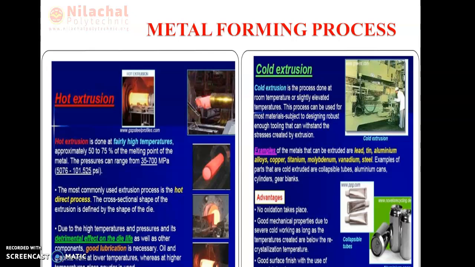Again, the most achievable thing in cold extrusion is a good surface finish. Very good surface finish can be achieved by the cold extrusion process in comparison to the hot extrusion process. These are some of the differences between hot extrusion and cold extrusion.